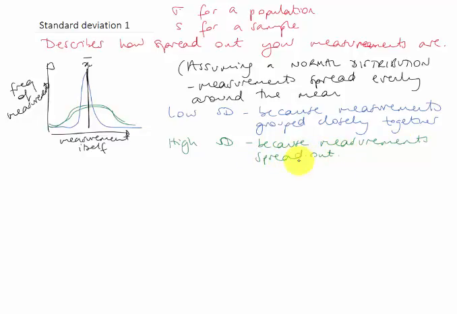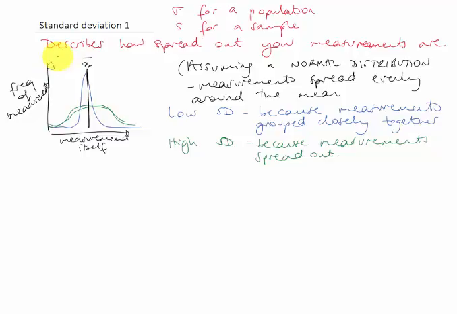So that's the general principle of the standard deviation, and you'll be learning more about this elsewhere. But let's just work through the formula of how you calculate it, and to do that we need to have a little think about what it means.